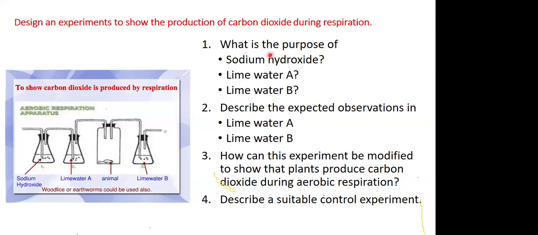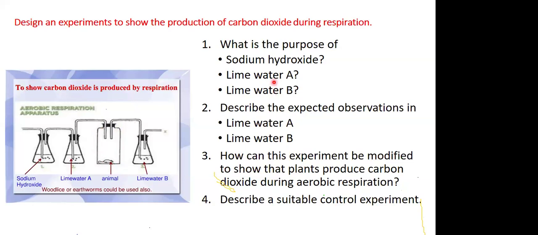All we would need to do is simply to put a plant here where the mouse is, and then cover this bell jar with black paper, or cover it with something that is opaque.